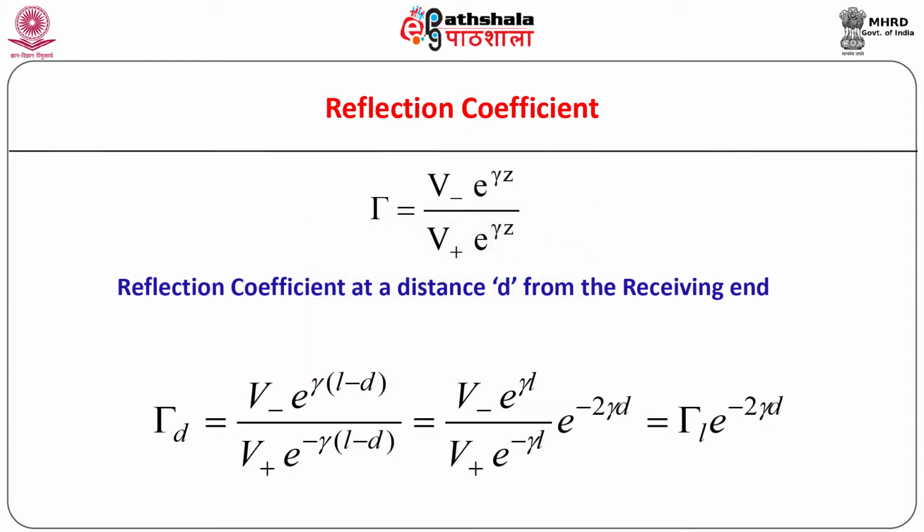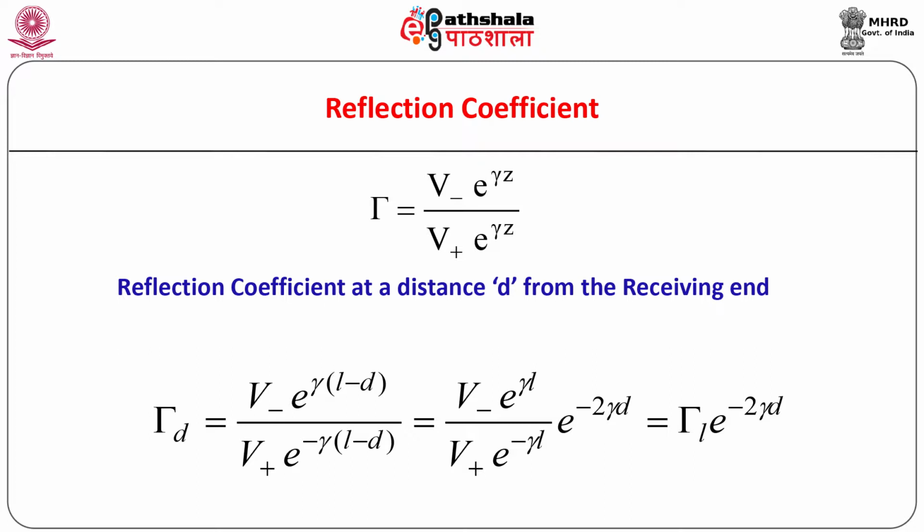As stated earlier, many times the analysis of the transmission line problem is done in terms of the physical quantities measured from the receiving end. For example, the reflection coefficient at a distance d from the receiving end can be expressed in terms of the reflection coefficient at the receiving end as shown.